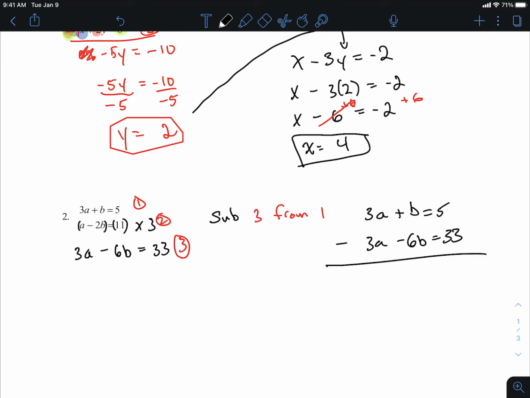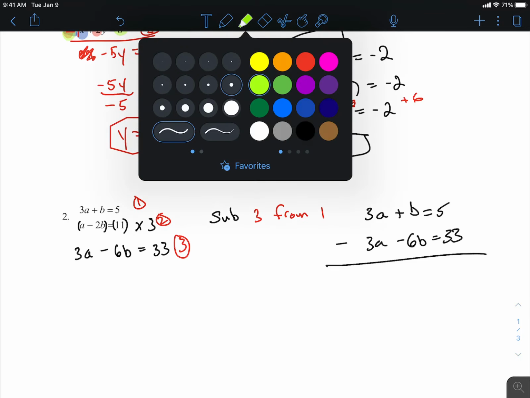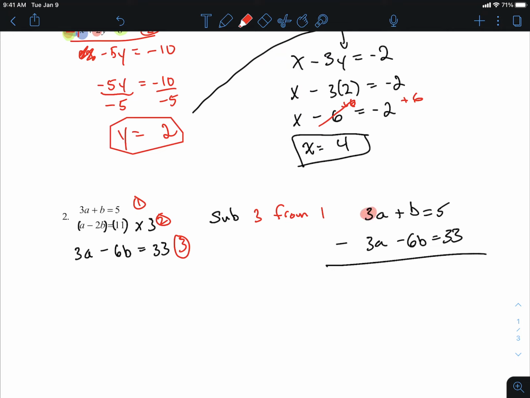Okay? What's going to happen? 3a minus 3a, 0 a's. They're gone. I've eliminated the a's.